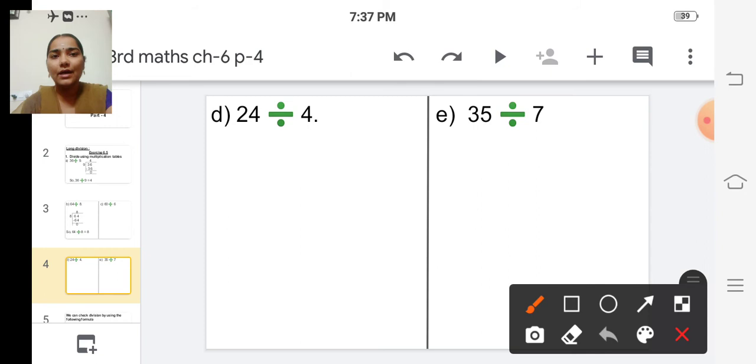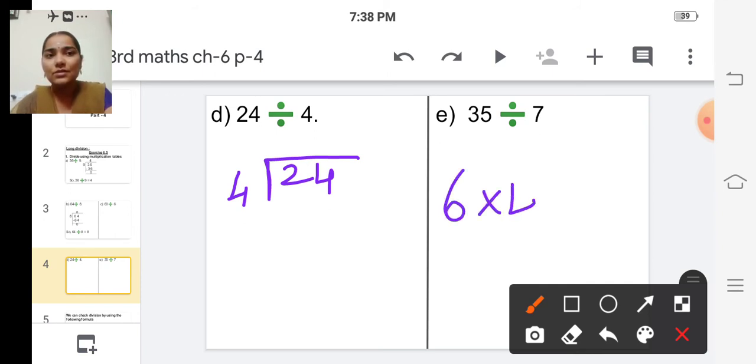24 divided by 4. So how many times? Do you all remember the fourth table? So how many times will it go in 24? 6 times, isn't it? 6 fours are 24.